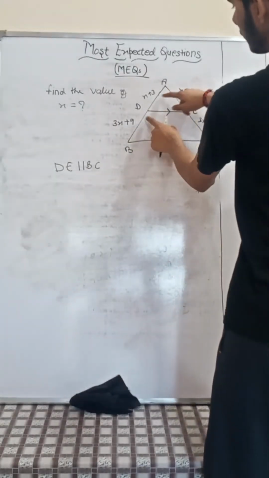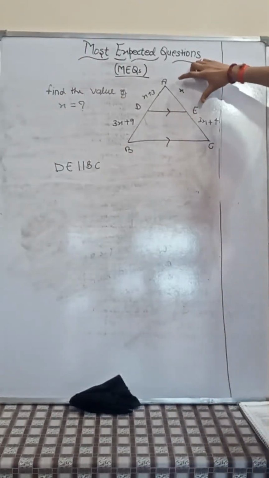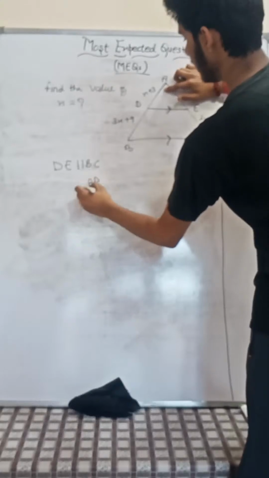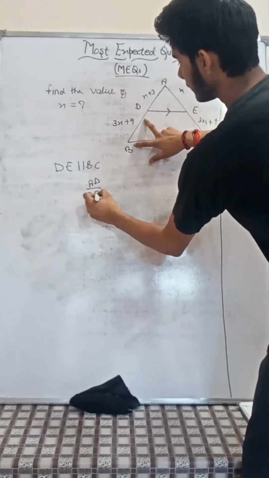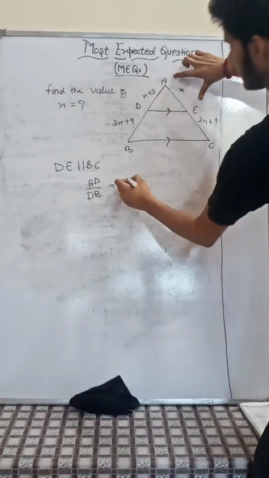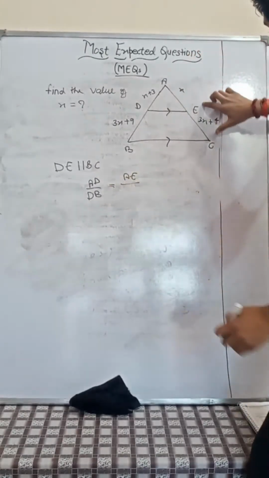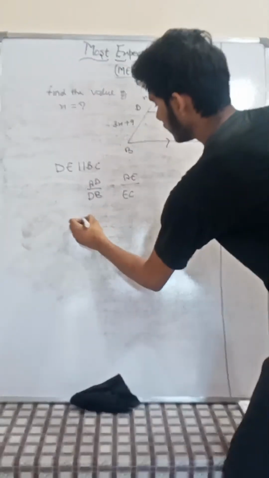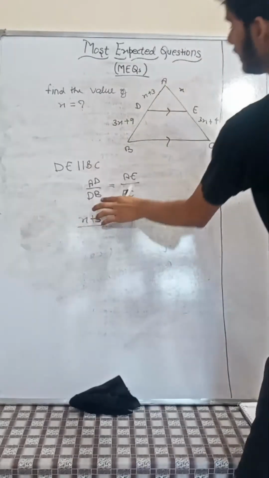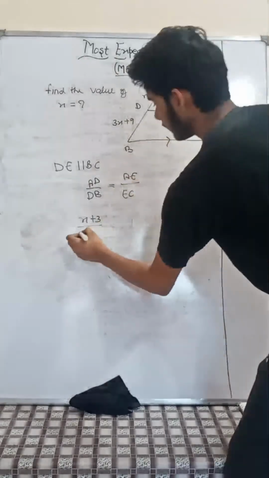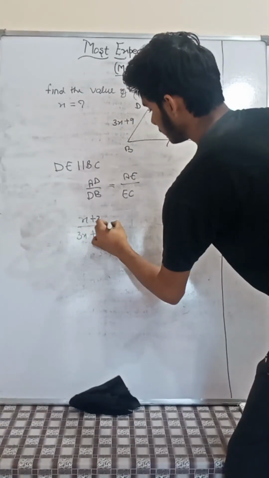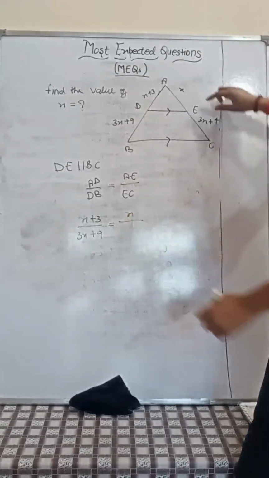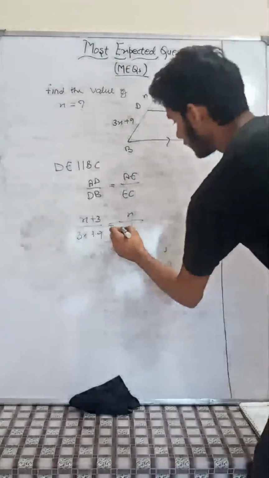Now, AD upon DB equals AE upon EC. It is given that AD is x plus 3, DB is 3x plus 9, AE is x, EC is 3x plus 4.